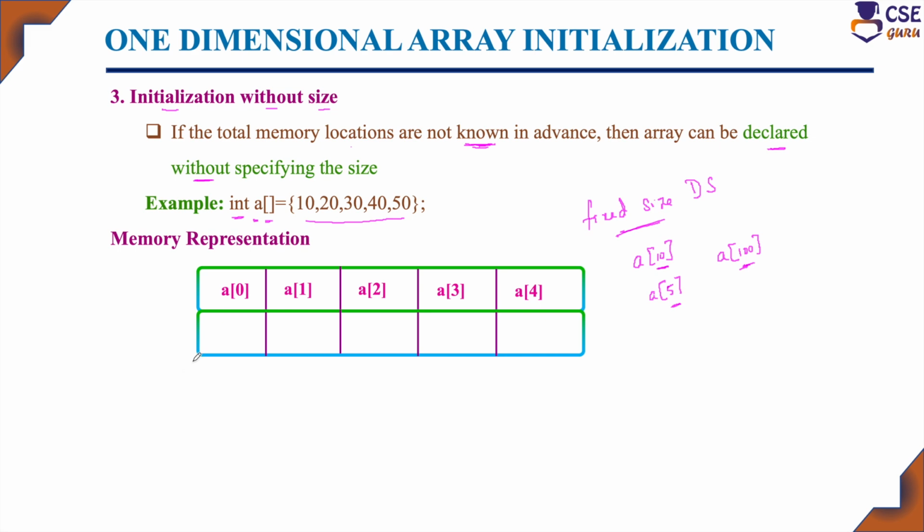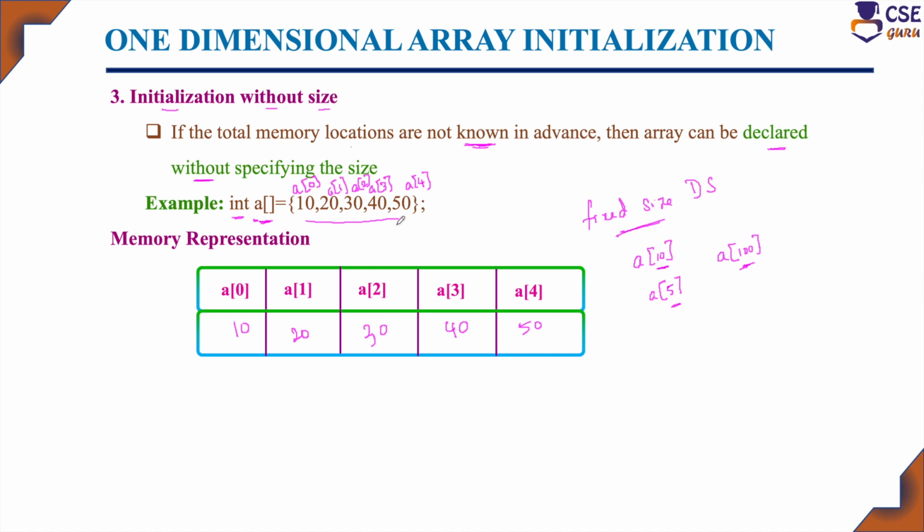Automatically, the array values will be assigned from the starting location: A of 0, A of 1, A of 2, A of 3 and A of 4. Here, we have specified 5 values. So, totally 5 memory locations will be allocated. At A of 0th location 10 will be assigned, A of 1 20, A of 2 30, A of 3 40, A of 4 50.